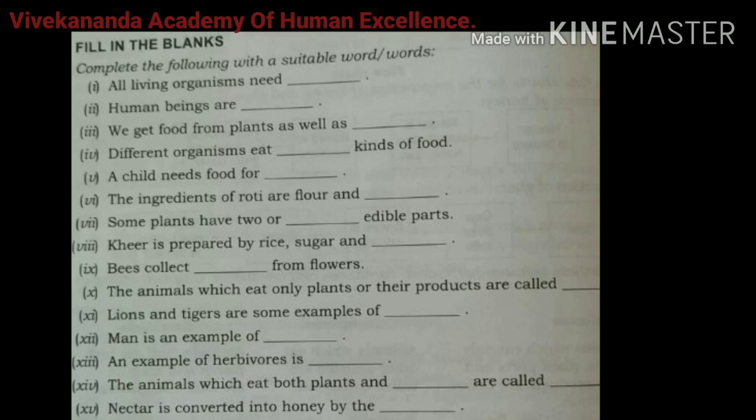Next, the ingredients of roti are flour and water. Some plants have two or more edible parts. Next, kheer is prepared by rice, sugar, and milk. Bees collect nectar from the flowers.